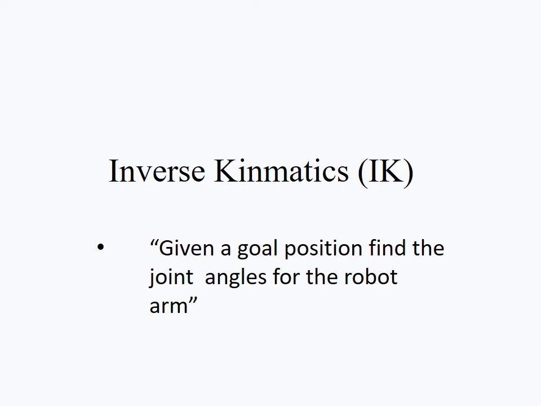we discussed forward kinematics, that is, the end effector value defined by the joint angles. How much the joint angles move, we use theta 1, theta 2, theta 3, like that, and the d value, to define the end effector position. Here we are going to define the inverse kinematics. That means given a goal position, find the joint angles for the robot arm.